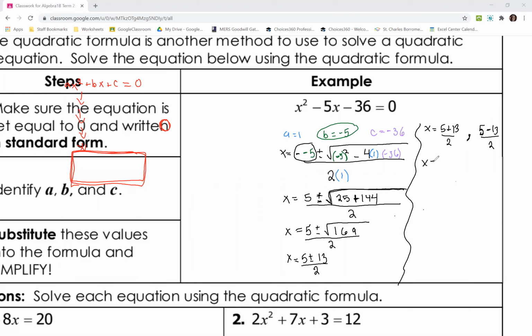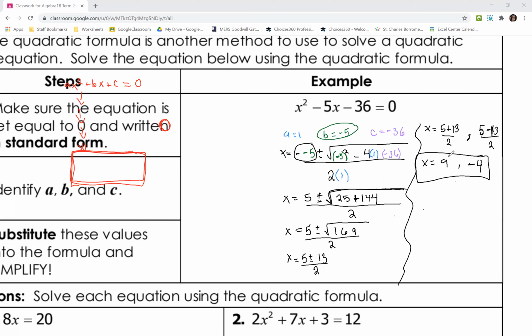So x is either going to be, let's see, 5 plus 13 is 18. 18 divided by 2 is 9. 5 minus 13 gives you a negative 8. Divided by 2 is a negative 4. So x has 2 different answers, positive 9 and negative 4.